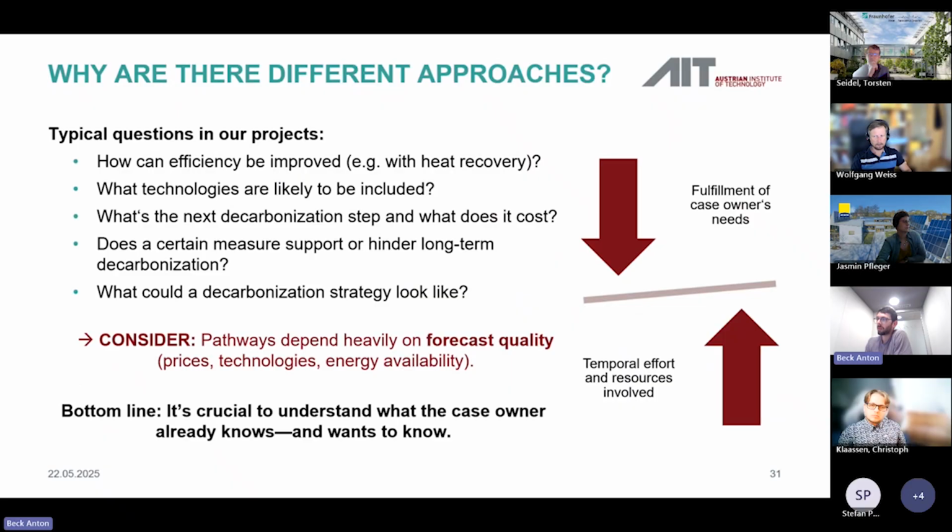Yeah. So the main conclusion I can draw from this is it really depends on what is the actual scope of the project, what are the technologies that could or should be considered, what is the forecast quality. So if we don't know anything about the future, then it's not so interesting to go for this forward-looking approach.